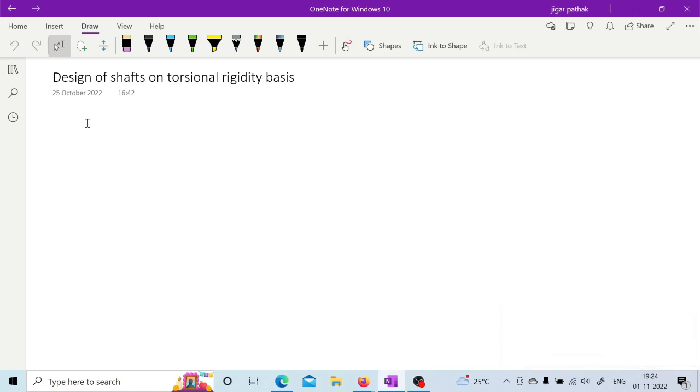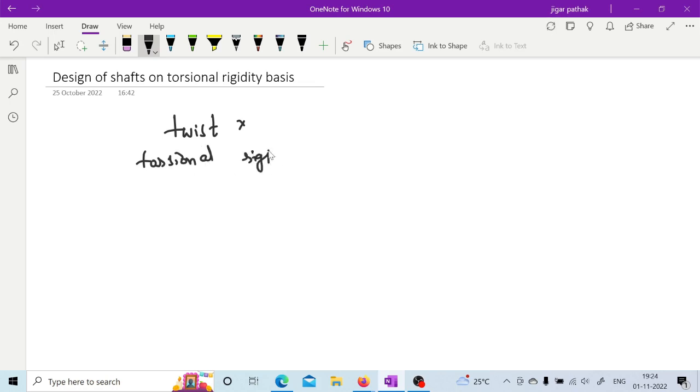Sometimes rigidity is also required, because in applications like the crankshaft, rigidity in twisting is required, so twisting should not happen when the shaft is under operation.